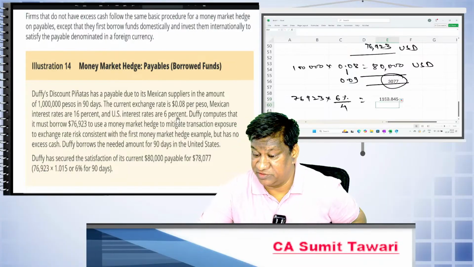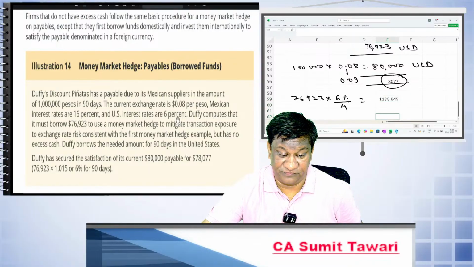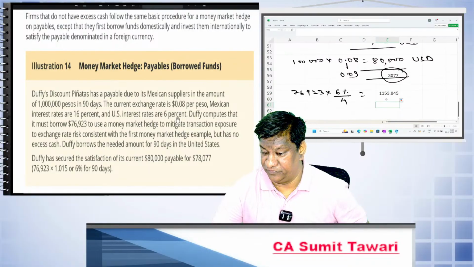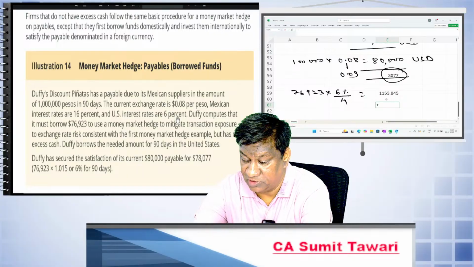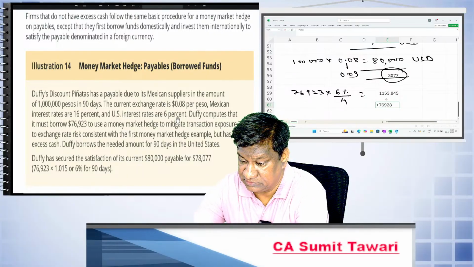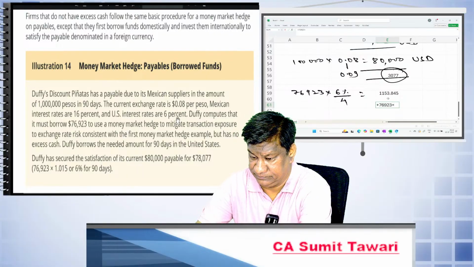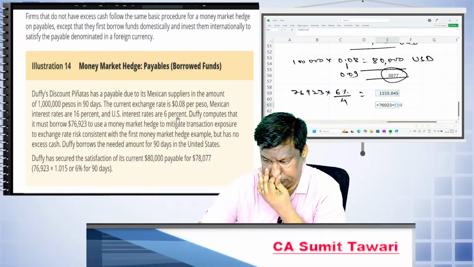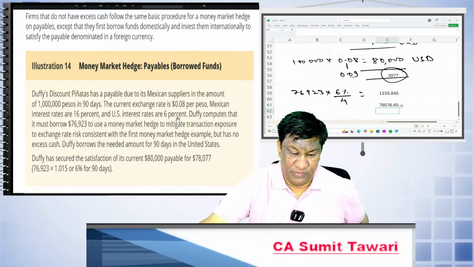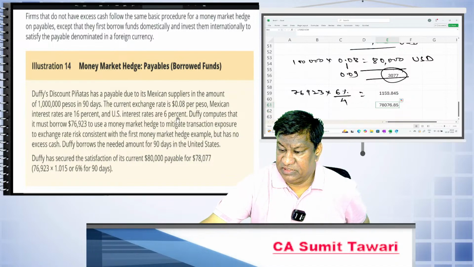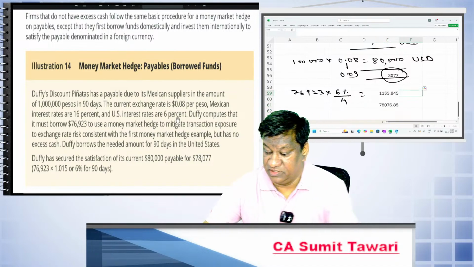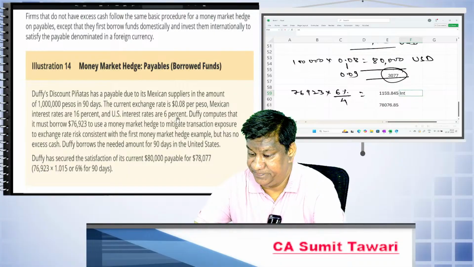This is an additional interest you need to pay, which is 1,153.85.